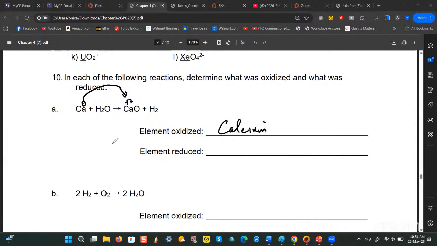All right. Now, the next question is, what is the element being reduced? Now, let's look at water, right? What is the oxidation number of hydrogen in water?